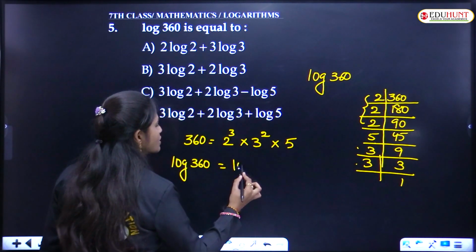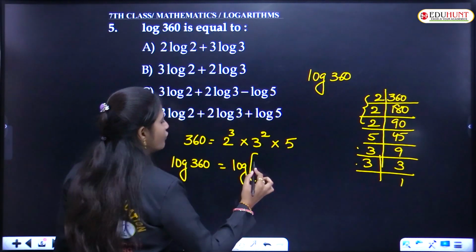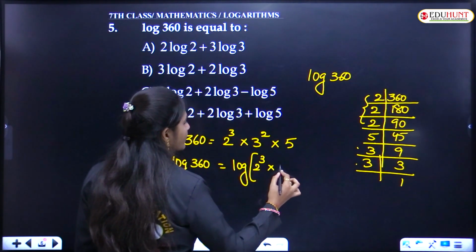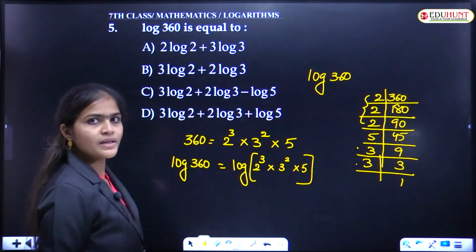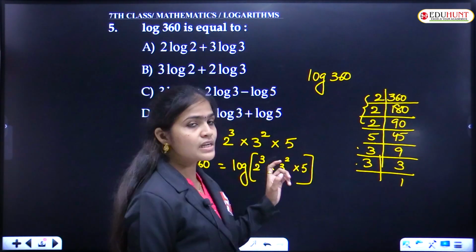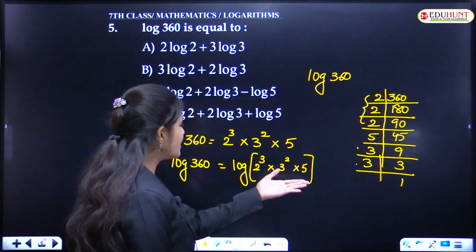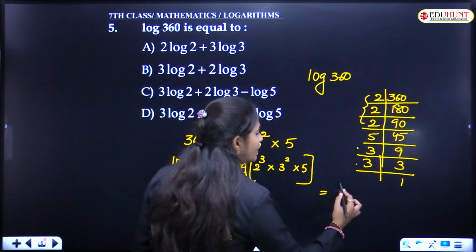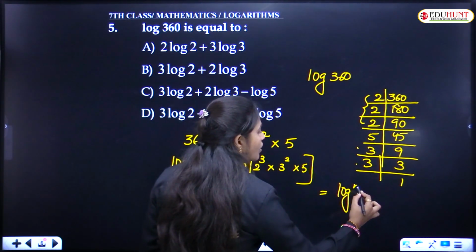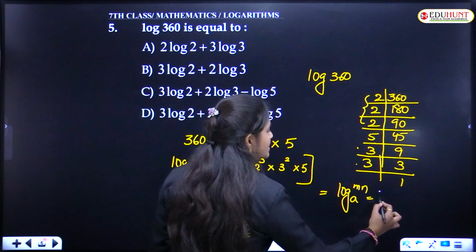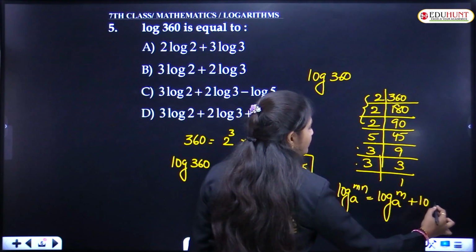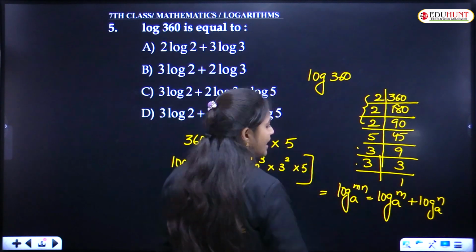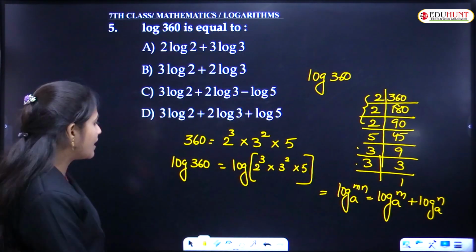Which is equals to log of 2 cube into 3 square into 5. So children, by observing this we have to think which law we have to use here. What is that? Log mn to the base a is equals to log m to the base a plus log n to the base a. Am I correct? So apply that law here.